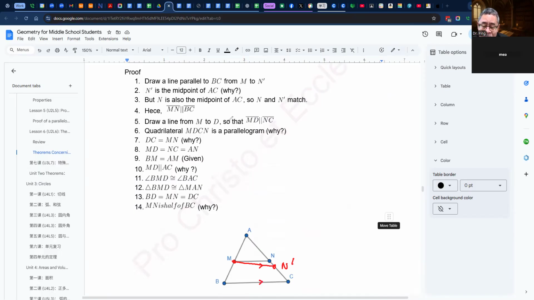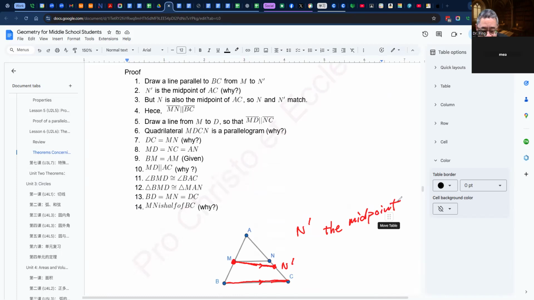Well, then based on the previous theorem, because this is the midpoint and this line is the parallel line, N prime has to be the midpoint.